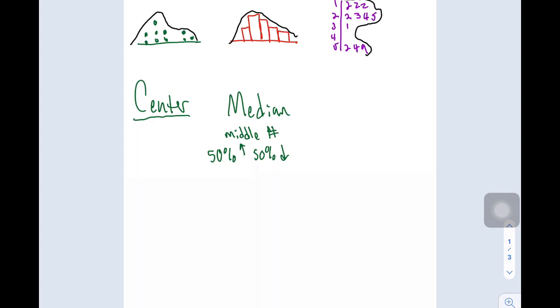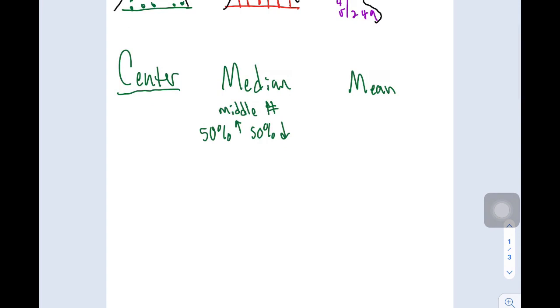So you can use the median to describe the center. You can also use the mean, and there is a correct way to pick which one you want to use. I will not get into that during this lesson, but for center, measure of center, just recognize you can talk about the mean or the median. And the mean, you should know that that's just your average.